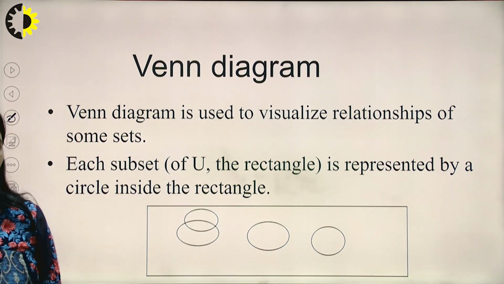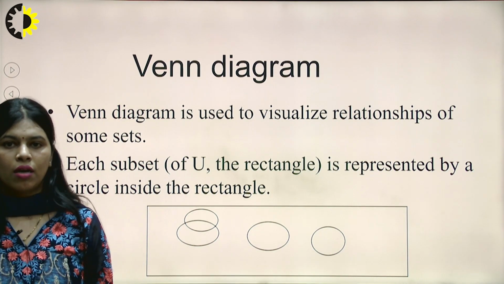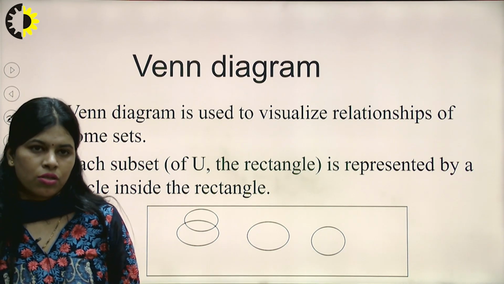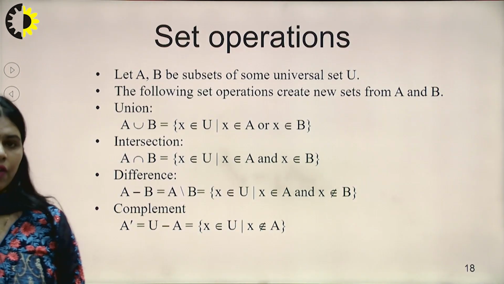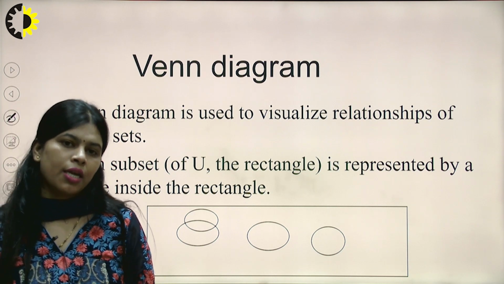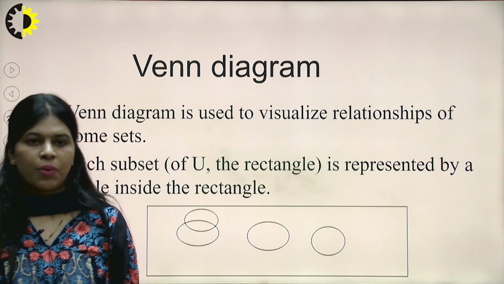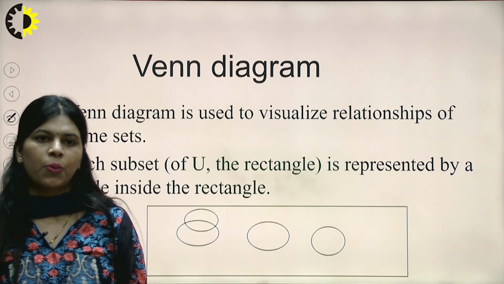Now the next topic is Venn diagram. Why do we use a Venn diagram? First, we use a Venn diagram to visualize the relationship of sets. If set A is somehow related to set B, we can give the representation through a Venn diagram.